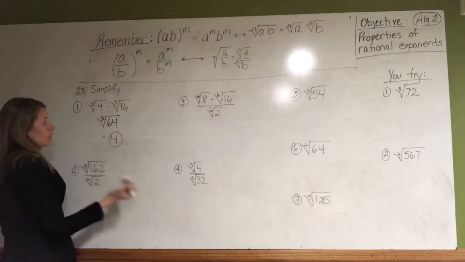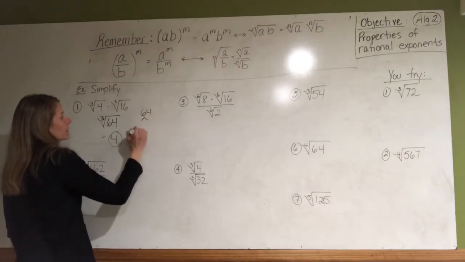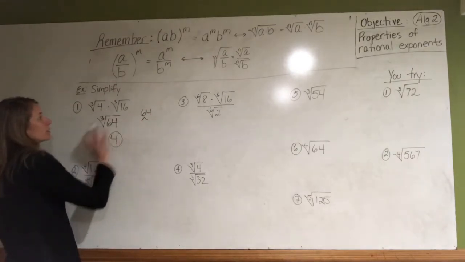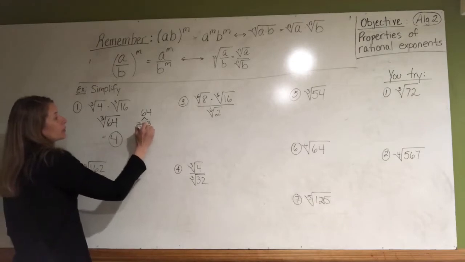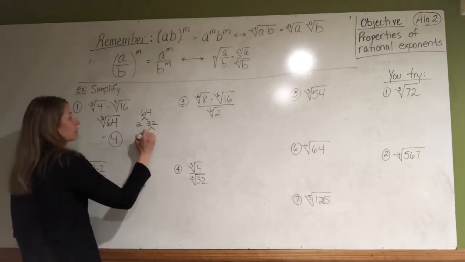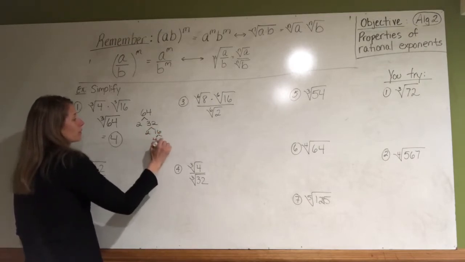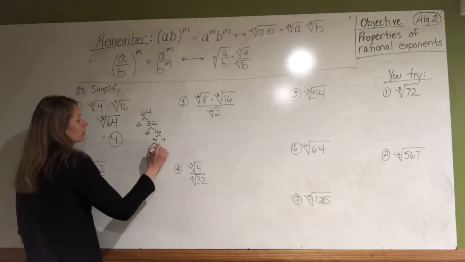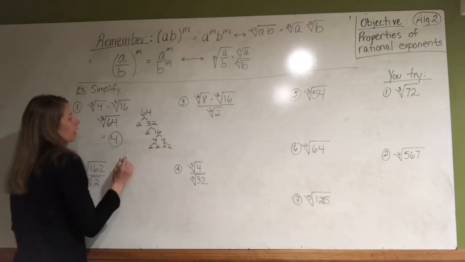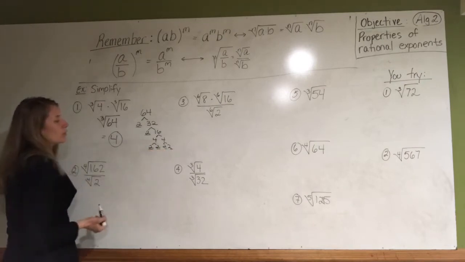But if you didn't know that, you would do that little factor tree like we've done in the past, right? Now I could break this up into 4 and 16. I could break it up into 2 and 32. It doesn't really matter. You just keep breaking them down until you have all prime numbers. So if I make my little factor tree here, okay, I end up with a 2, and 4 more 2's right there.